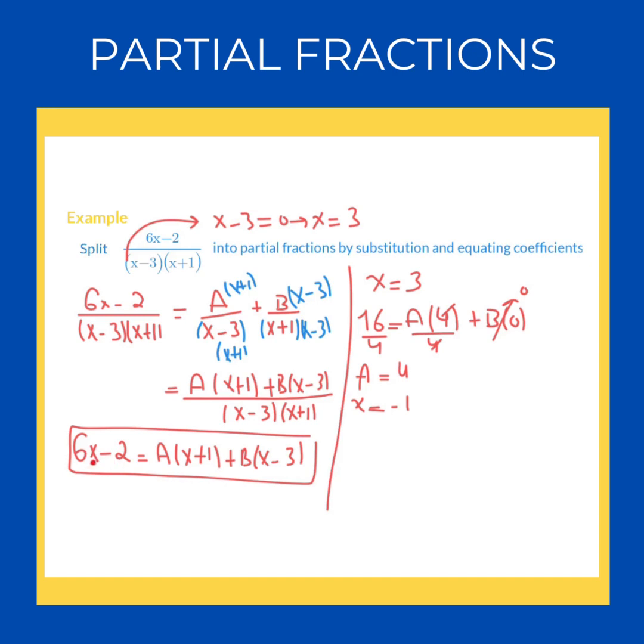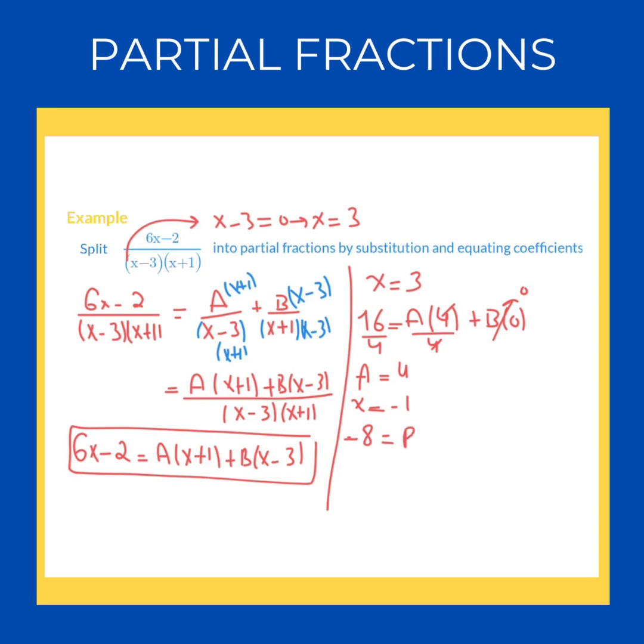So negative 8 is equal to, now, a times x plus 1. When x is negative 1, negative 1 plus 1 is 0, so 0 times a is 0. So this cancels out.